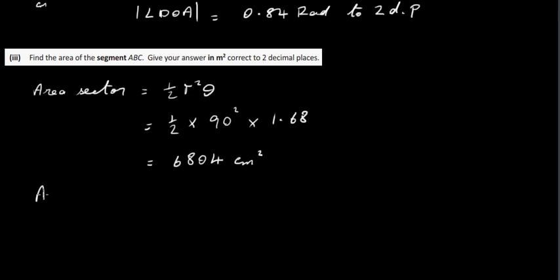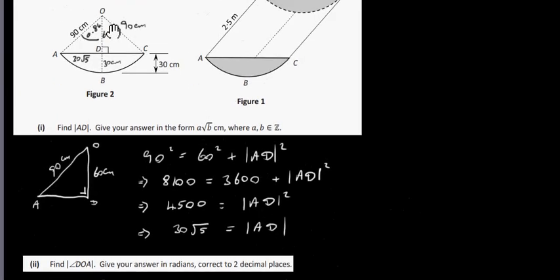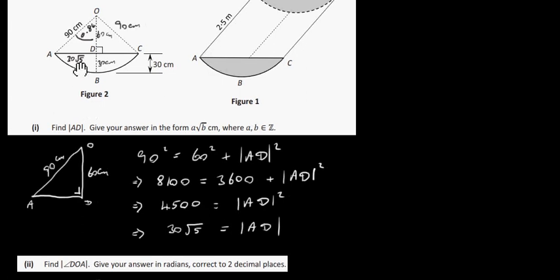Now I want to get the area of the triangle. I'm going to find the area of this triangle here, OAC. The area of the triangle OAC is going to be half the base times the height. Our height is 60 centimeters, and the base from A to D is 30 root 5. So from A to C is 60 root 5, just double that.